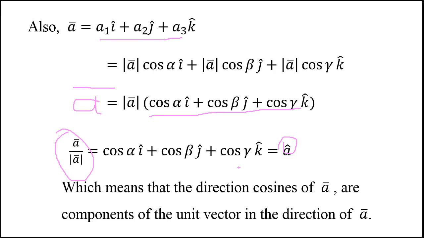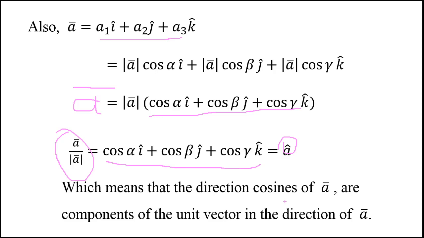So if we have a vector and we are asked to find the direction cosines of that vector, we simply have to find a cap, that is the unit vector along the given vector, and in that unit vector the coefficients of i, j, k are the direction cosines of that vector.